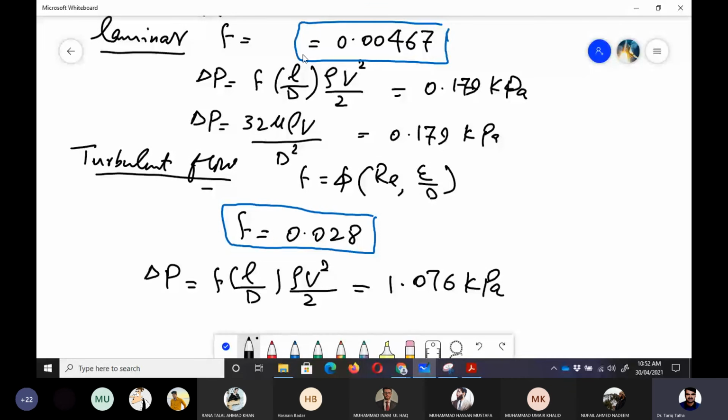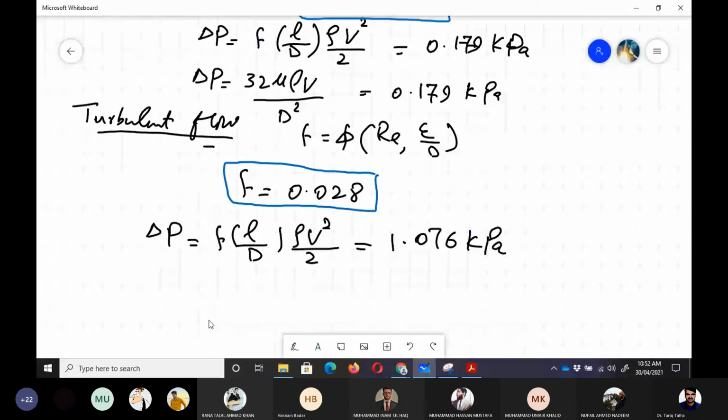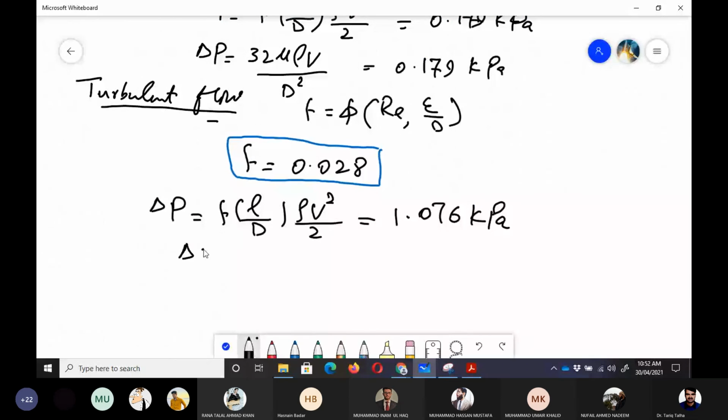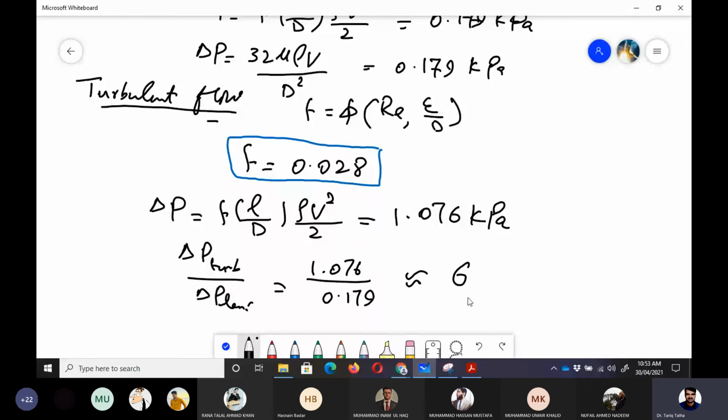And if you compare these two values, the pressure drop for the turbulent flow, delta P upon laminar, would be 1.076 upon 0.179. So it would be almost 6 times.